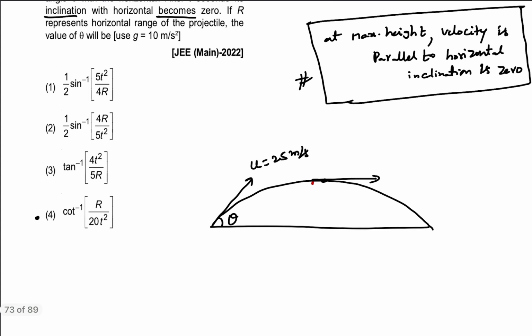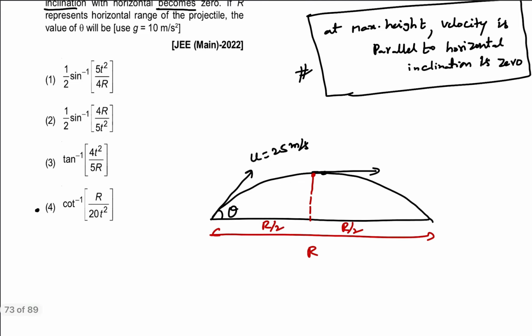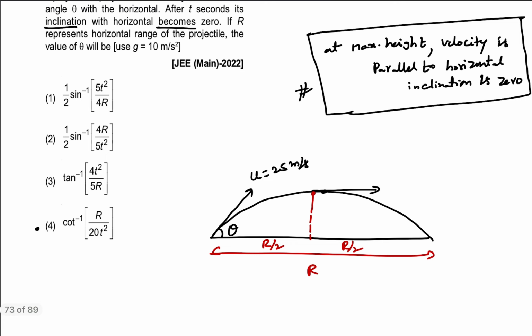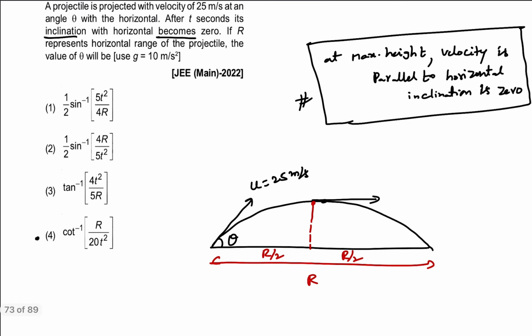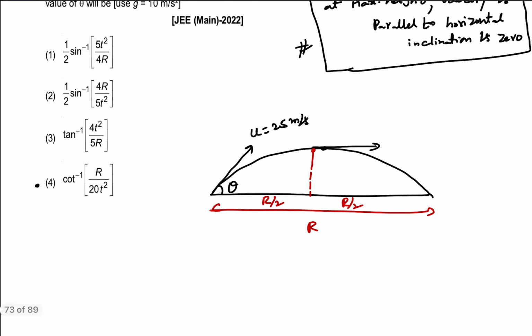Okay, if you do this, what value will we get here? As the range is r, up to maximum height the range will be r by 2. What they are actually asking is, r represents the horizontal range of the projectile, the value of theta is equal to how much? What is theta?